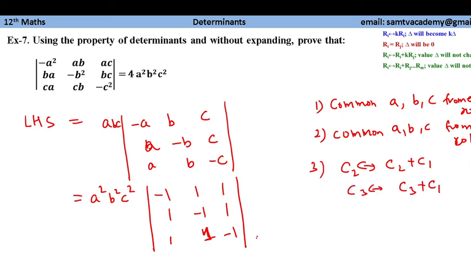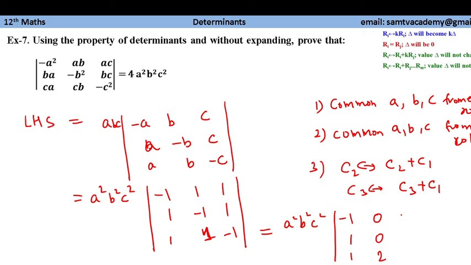So it will become A square, B square, C square, and the first column will be as it is, and the second column will be C2 plus C1, so it will be 0, and then adding, it will be here 2. Now third column, first we will add C1 plus 0, this will be 2 and this is 0.